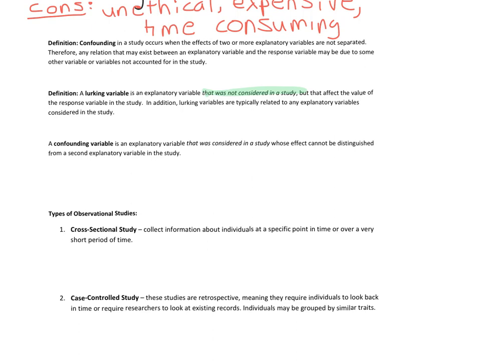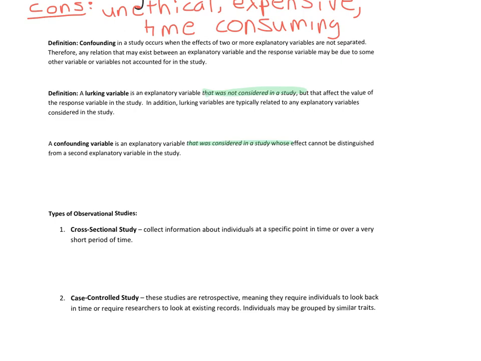And then finally, a confounding variable is an explanatory variable that was considered in the study, whose effect cannot be distinguished from a second explanatory variable in the study. Okay, so because of this confounding and the two variables that cause confounding, that's why we only claim association for those observational studies. All right, so more on that in our example coming up.